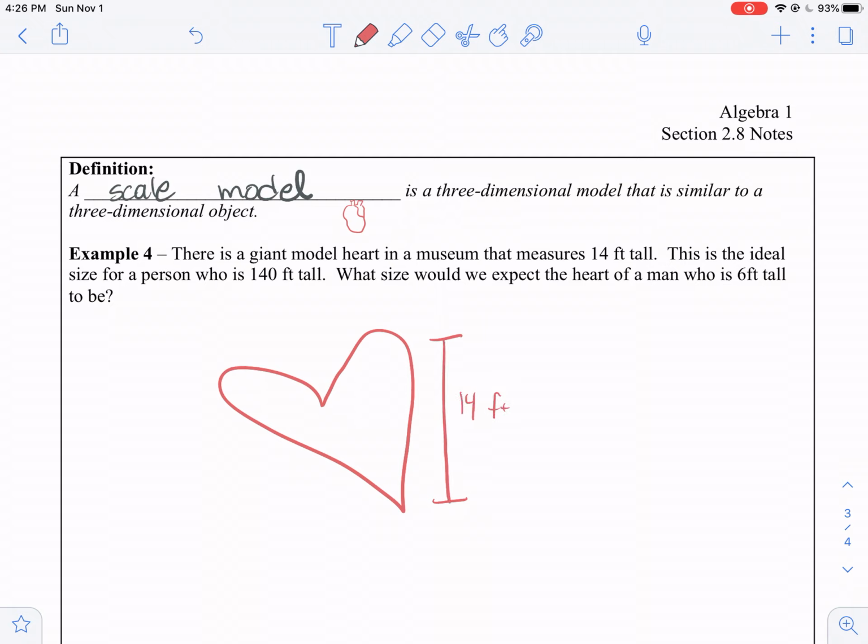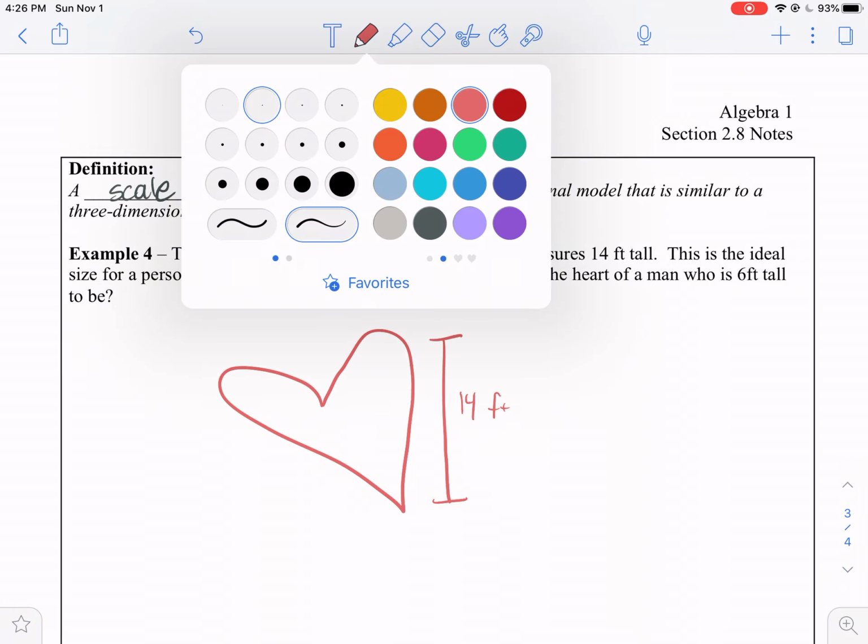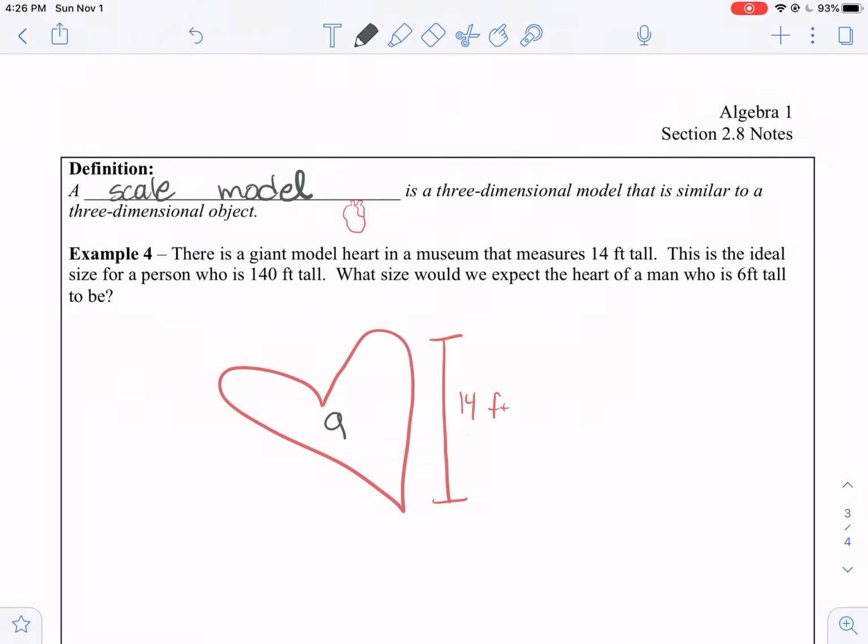This is ideal for a person who is 140 feet tall. So if we have our giant heart that's 14 feet tall, that would go inside of a giant person who's 140 feet tall.